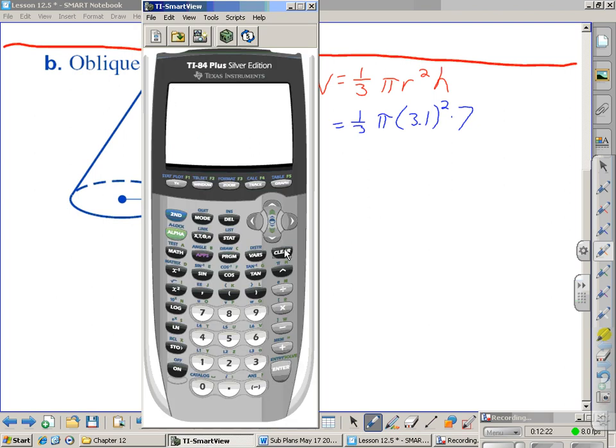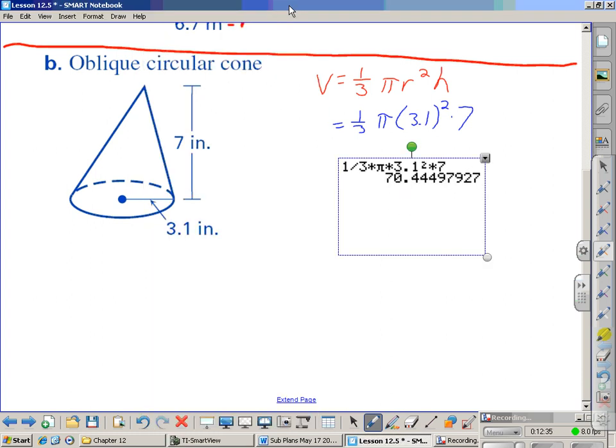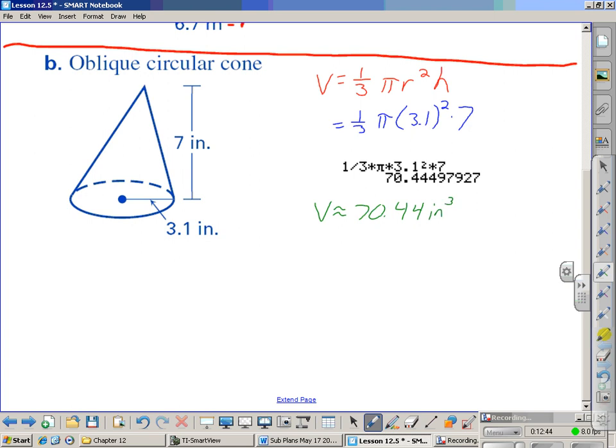Saves time a little bit. 1/3 times pi times 3.1 squared times 7. So volume is approximately 70.44 inches cubed. Again, look over at the units there. We had inches as the regular units, so it's inches cubed.